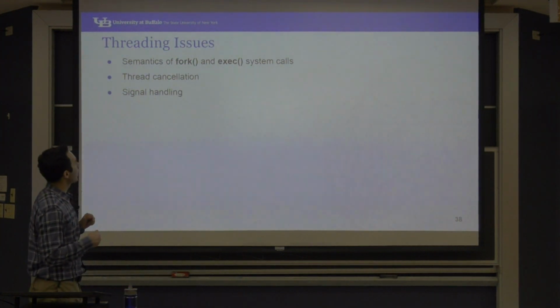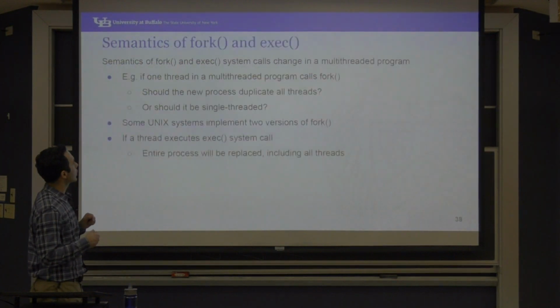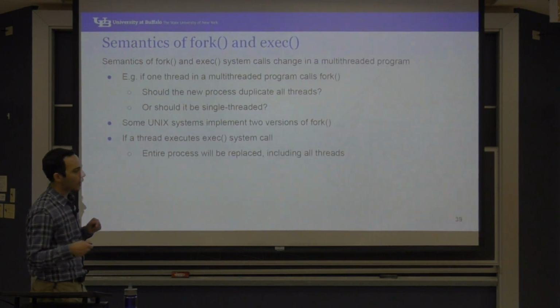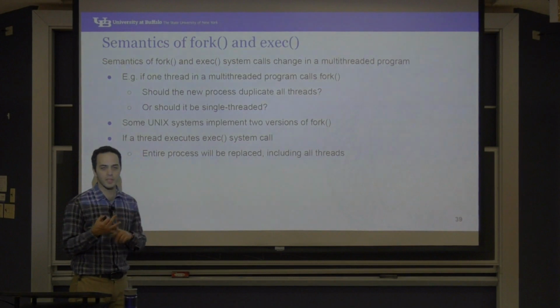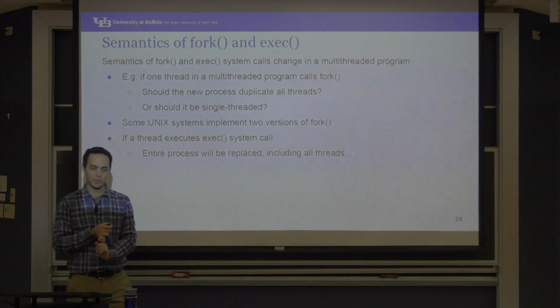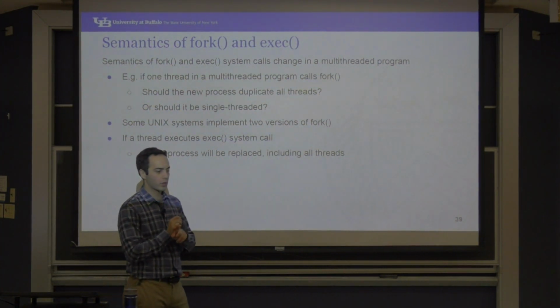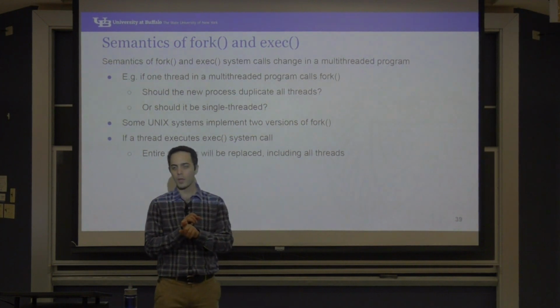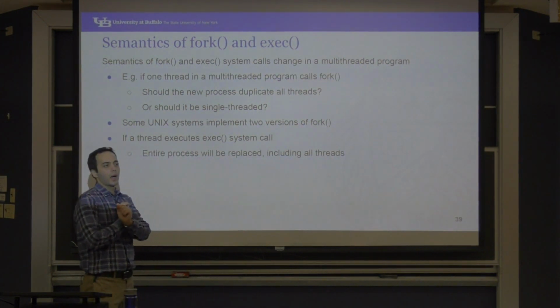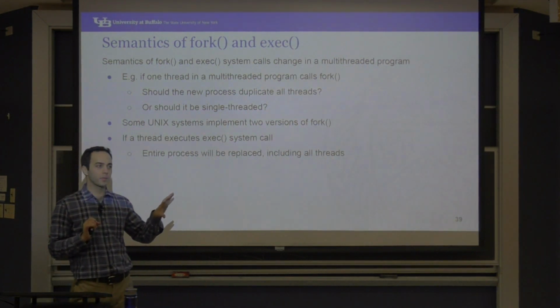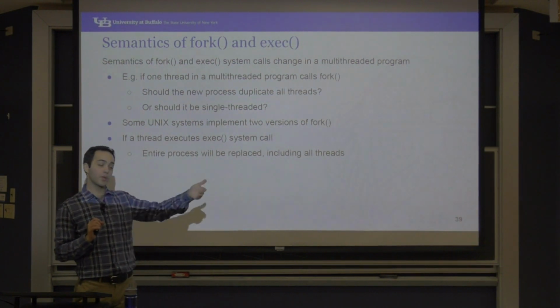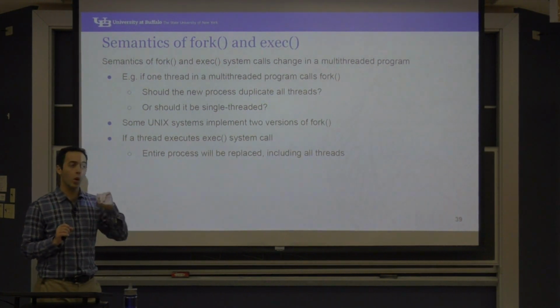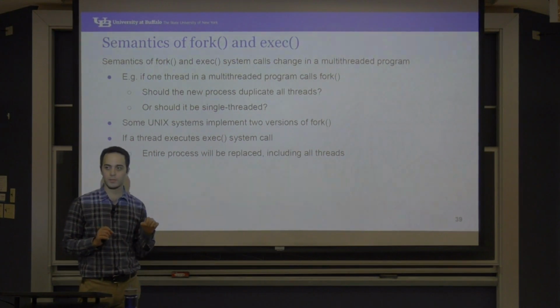Now, when we were talking about the single-threaded program, it was simple. But if a multi-threaded program calls a fork, another process gets created, but should it also contain all the threads of this one, or only the thread that called the fork?